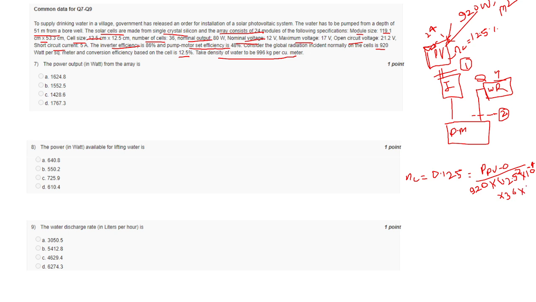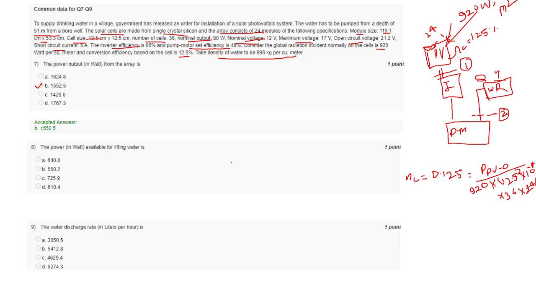This will be your total area: 12.5 squared into 36 into 24 into 10 to the power minus 4 for the unit conversion. From here you can calculate the power output from the PV array. The correct option will be option B.